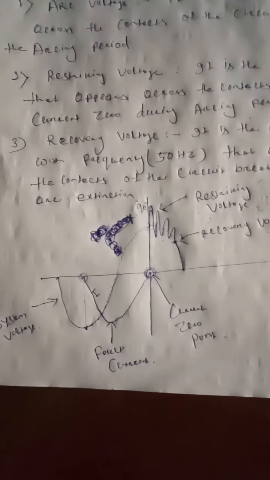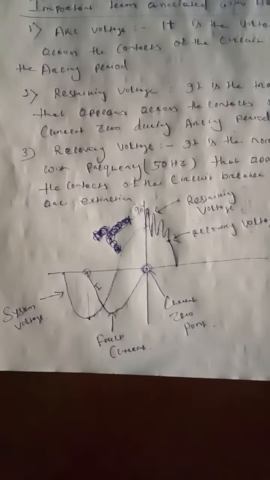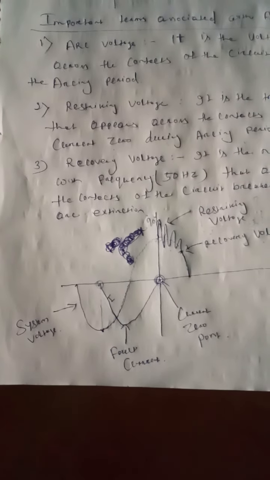In this figure you can see that is the system voltage. This is the fault current, this is the restriking voltage, and this is the recovery voltage. Let's assume that we connect an inductive load so that the current lags the voltage in this figure.